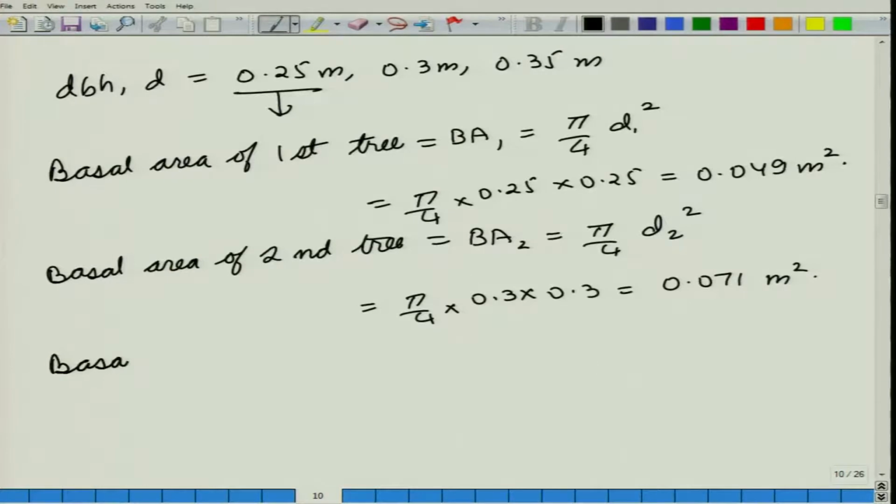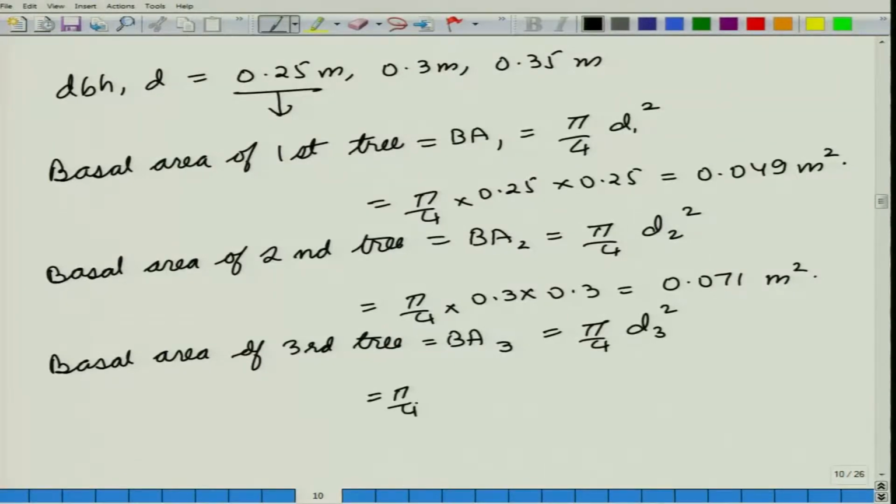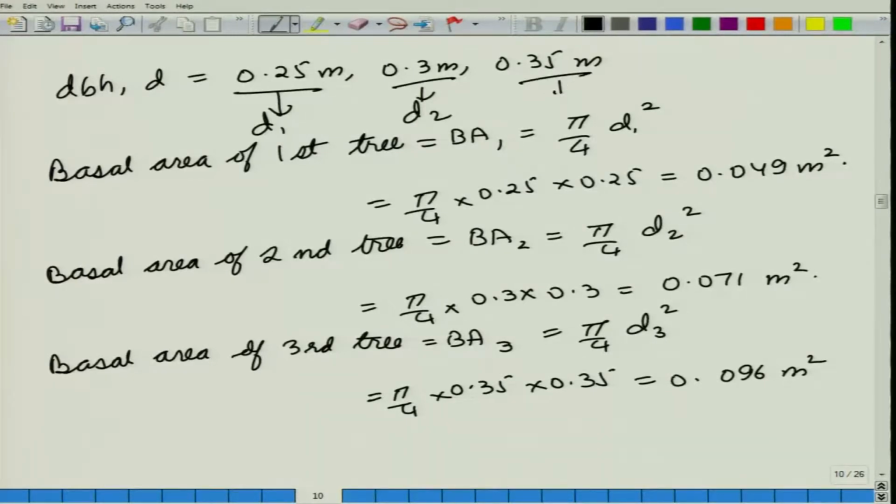And the basal area of the third tree, or BA3, is given by pi by 4 d3 square, which is pi by 4 into 0.35 into 0.35, equal to 0.096 square meters. So now we have calculated the basal areas of all these three trees.